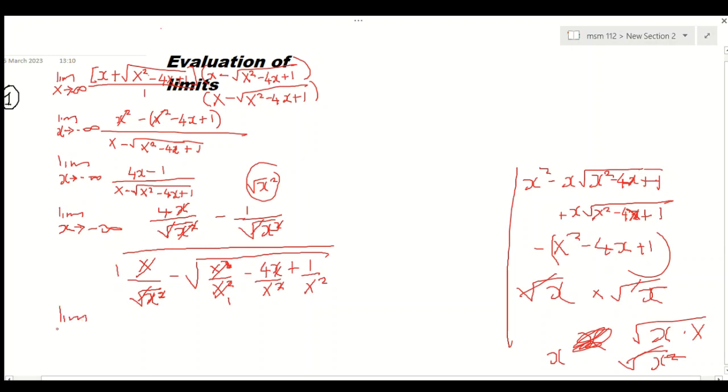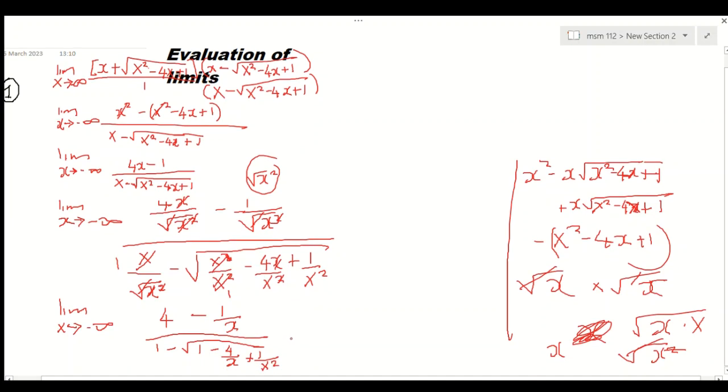Limit as x approaches negative infinity of 4 minus 1 over x, divided by 1 minus the root of 1 minus 4x plus 1 over x squared, like that.